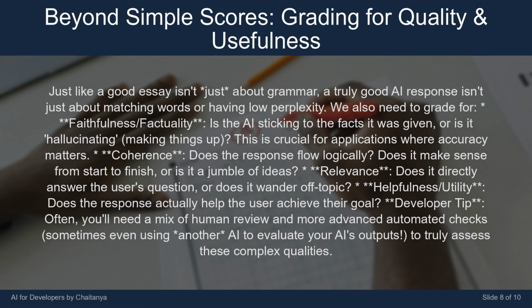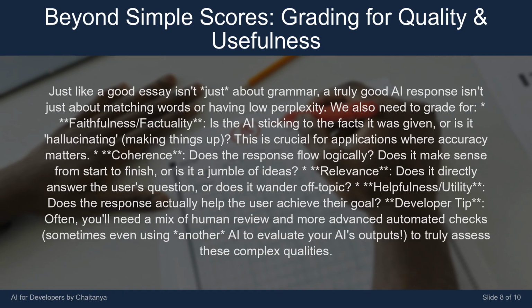Just like a good essay isn't just about grammar, a truly good AI response isn't just about matching words or having low perplexity. We also need to grade for faithfulness, factuality. Is the AI sticking to the facts it was given? Or is it hallucinating, making things up? This is crucial for applications where accuracy matters. Coherence. Does the response flow logically? Does it make sense from start to finish?